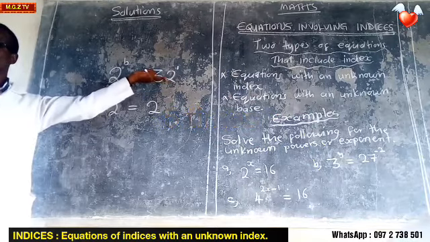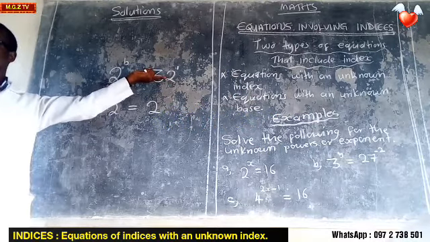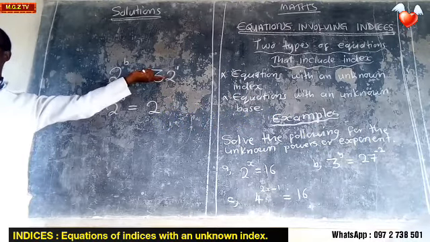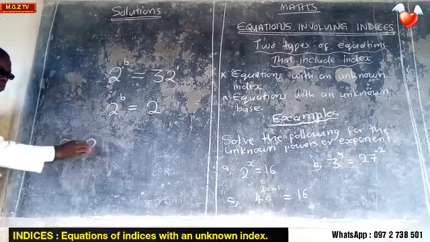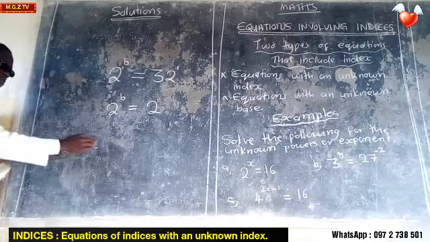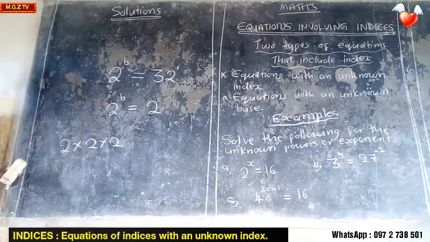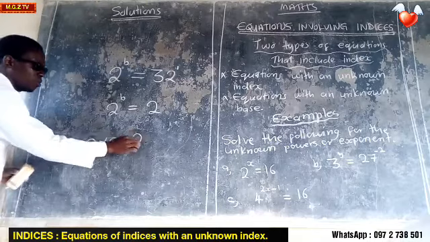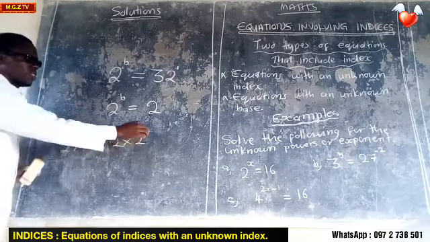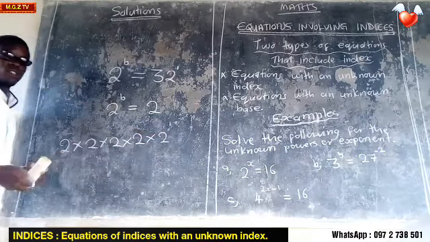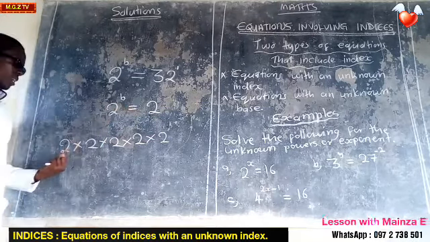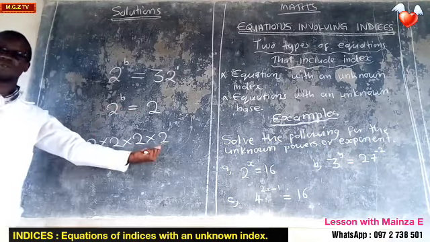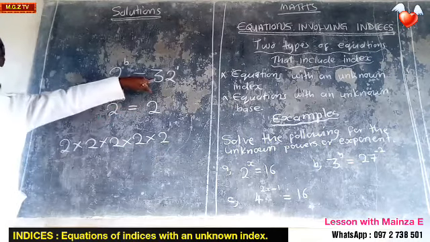How many times? 5 times, right? 2 times 2 is 4. 4 times 2, 8. 8 times 2, 16. 16 times 2, 32. So I multiply 2 by itself until I get this number.